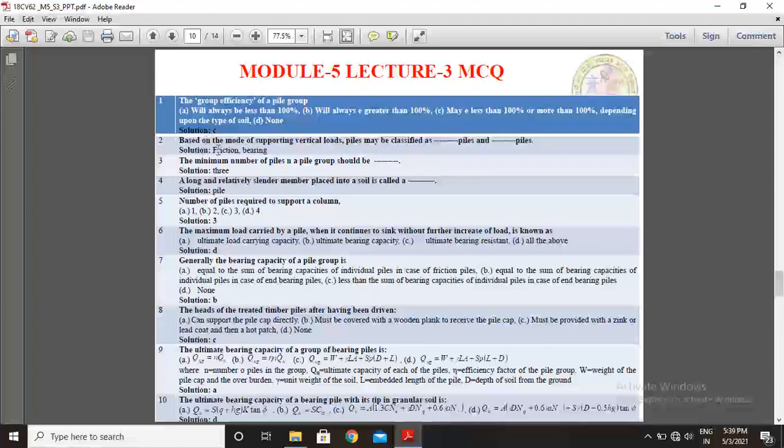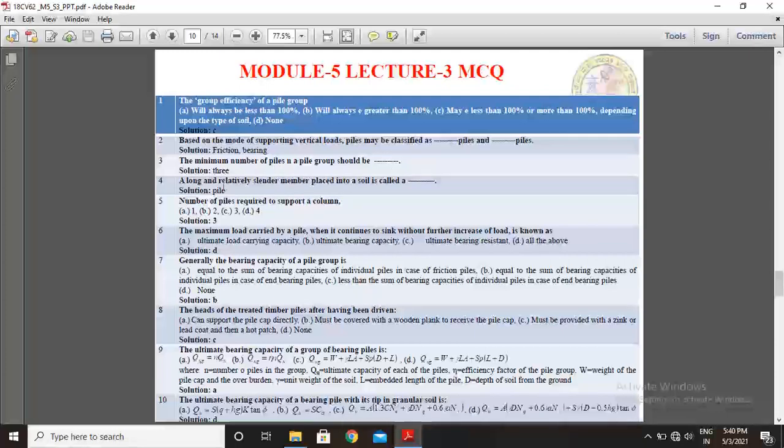Second question, based on the mode of supporting vertical pile loads, piles may be classified as dash piles and dash piles, that is friction piles and bearing piles. Next question, the minimum number of piles in a pile group should be dash. Option is 3.